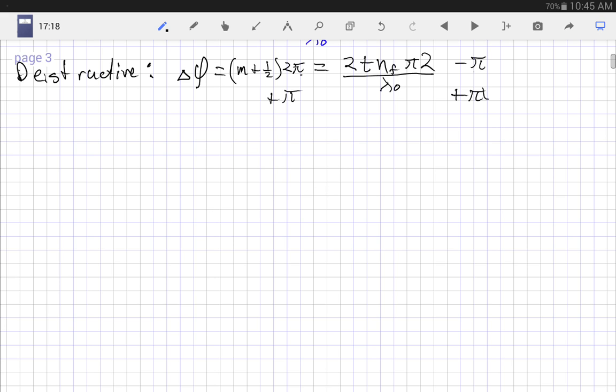I'm going to expand this back out and not make any mistakes. I had m times 2 pi plus pi. That's what I get from the condition for destructive interference. Then plus pi is equal to 2nf times 2 pi thickness over lambda sub 0.